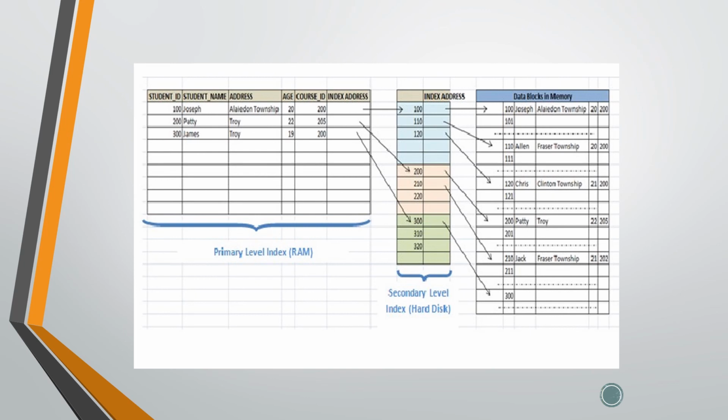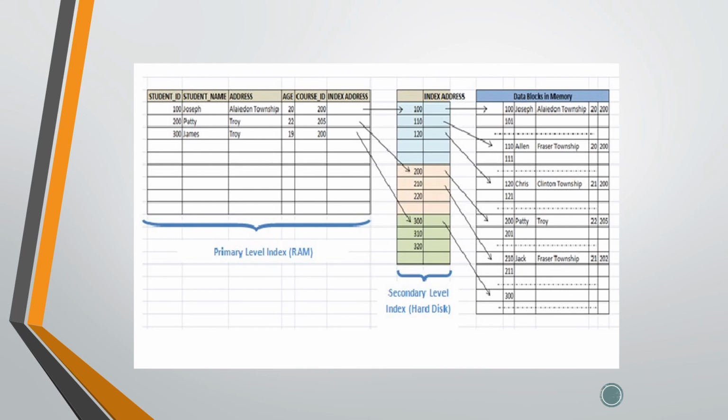In the figure, we can see that the columns are divided into groups of hundreds first. These groups are stored in the primary memory. In the secondary memory, these groups are further divided into subgroups. Actual data records are then stored in the physical memory.